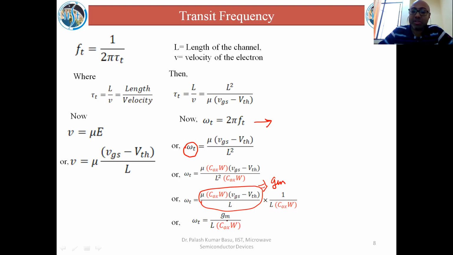So that is actually the total input capacitor, GM by Ci. So your cutoff frequency depends on your transconductance and input capacitance. What it means is, if you want to increase it, your GM has to increase.